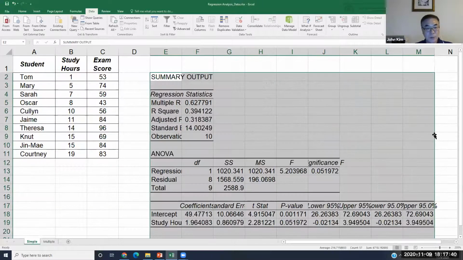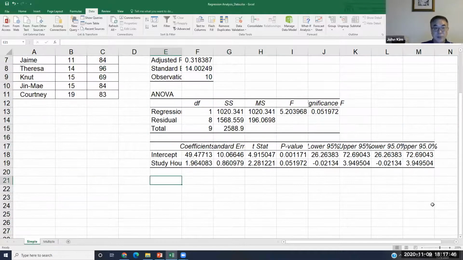Based on this output, we can develop the equation. Here is the intercept, and this one is the slope. So the equation: intercept 49.477, and the slope is positive, so plus 1.964 times the X variable.